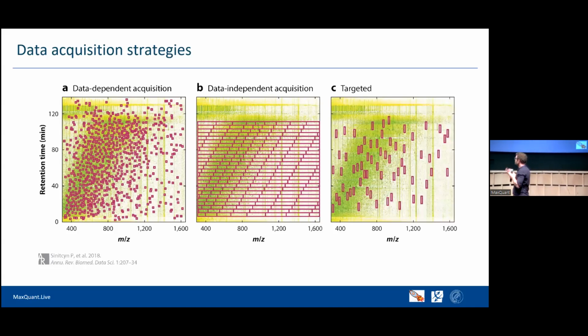And there's also this map, which you've already seen, but no one talked about it yet. It's called targeting. And targeting is basically, again, the same idea. You have MS1 cycles, and you have some targets predefined, which are of specific interest for you.